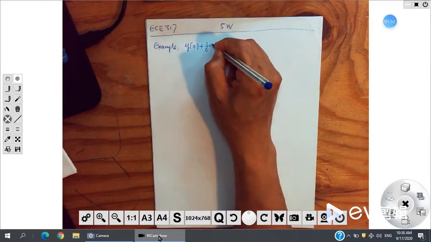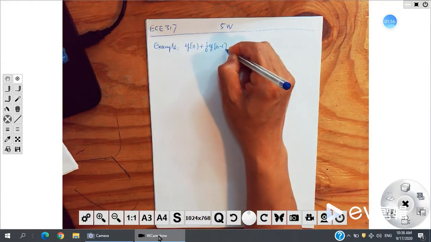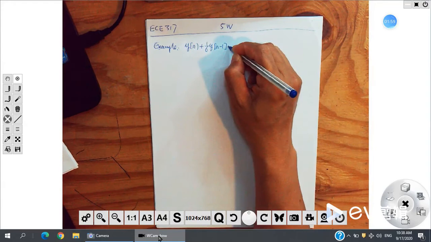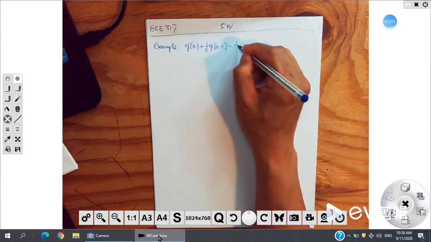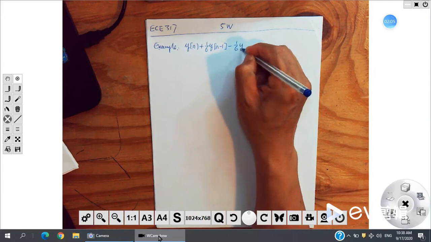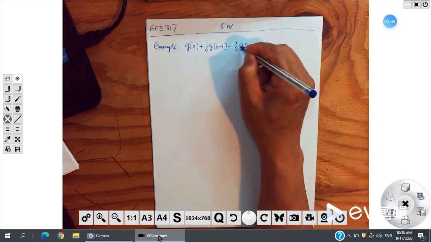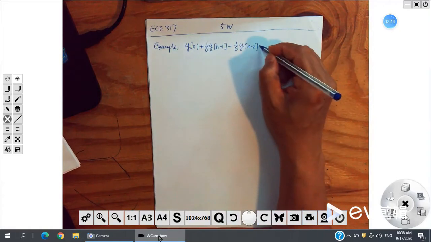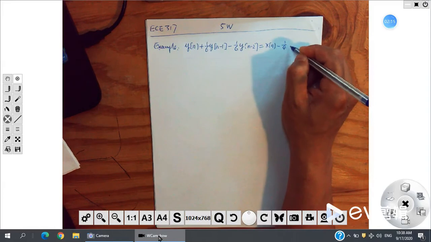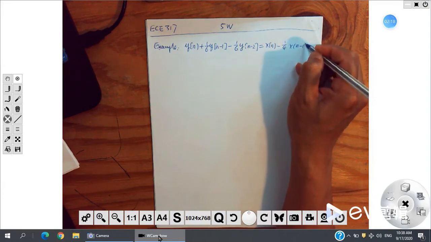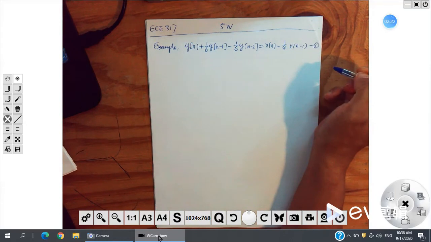This is the equation: y of n plus 1/6 times y of n minus 1 minus 1/6 times y of n minus 2 equal to x of n minus 1/4 x of n minus 1. We call this equation 1, first equation.